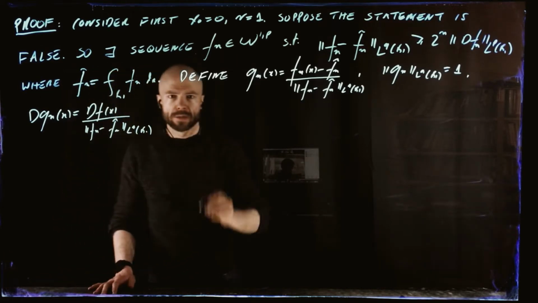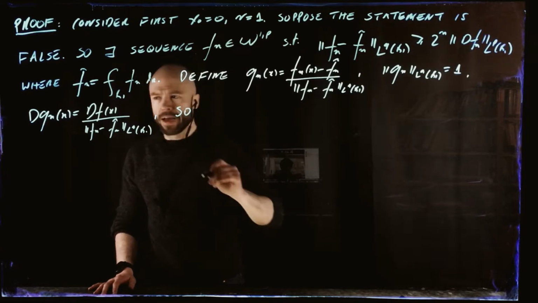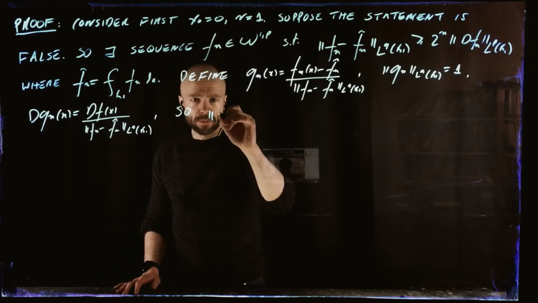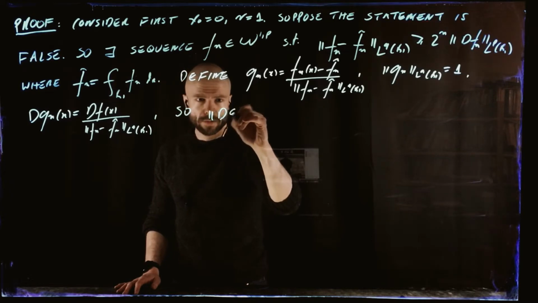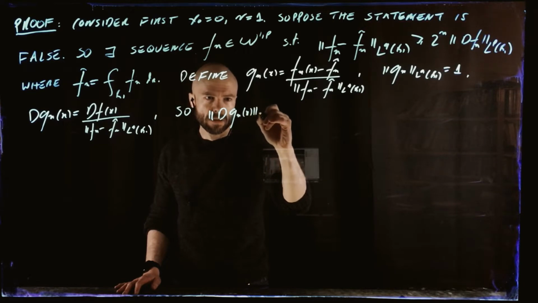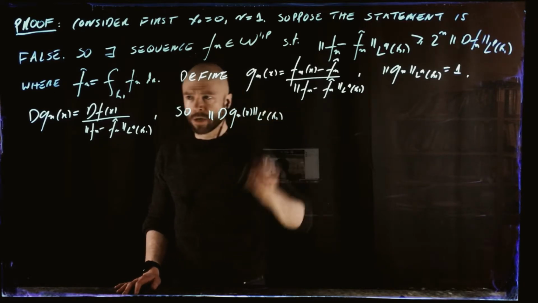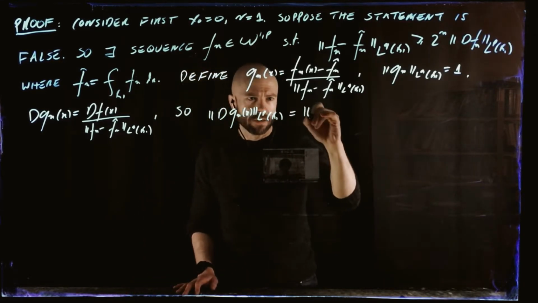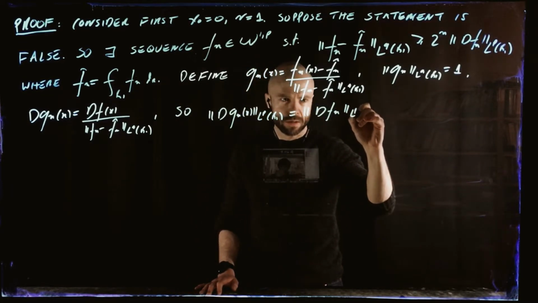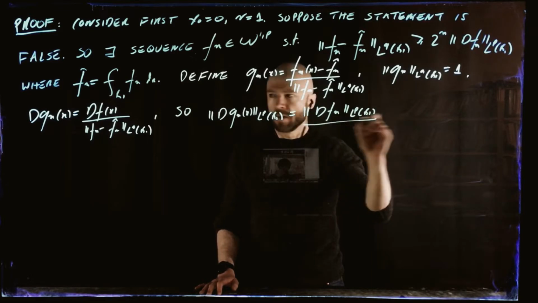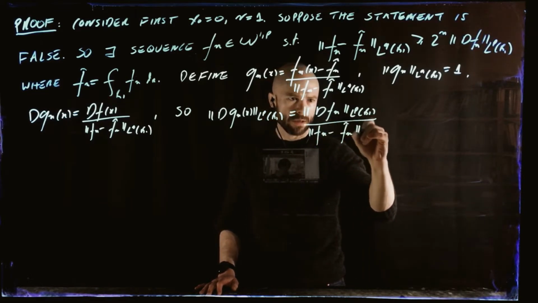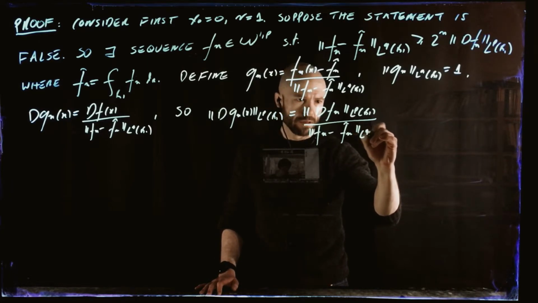So when we take the L^p norm of this gradient on the ball of radius 1, that's the same as the L^p norm of f_n on the ball of radius 1 over this quantity, f_n minus f_n tilde in L^q on the ball of radius 1.